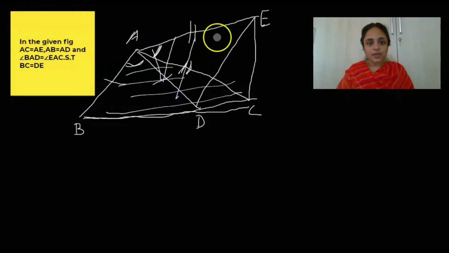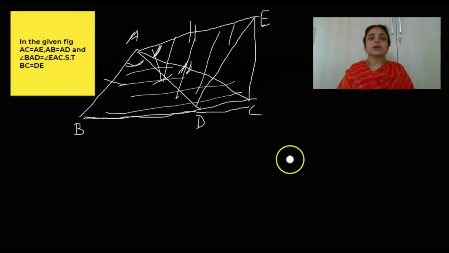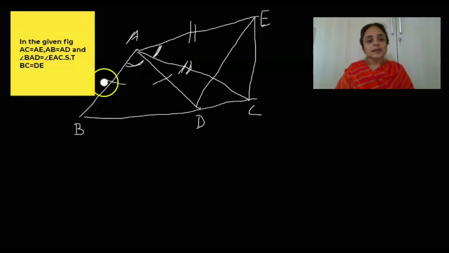We have to prove that these two triangles are congruent. And we know that angle BAD is equal to angle EAC. So if you add this angle to both these angles, will that be equal? Yes, because these two angles are equal, and when you add this to both the angles, it will be equal, right?